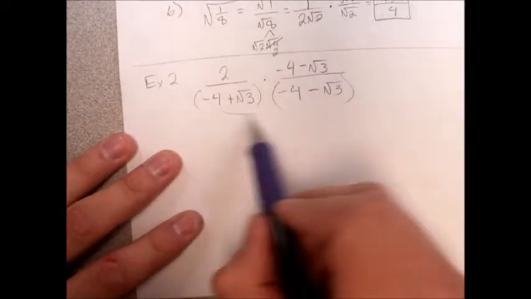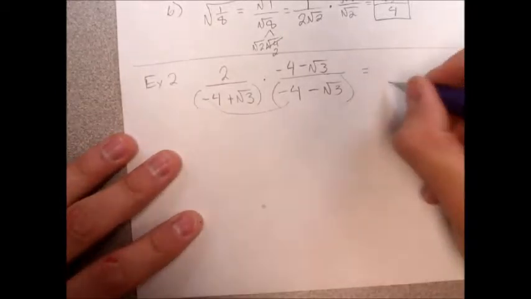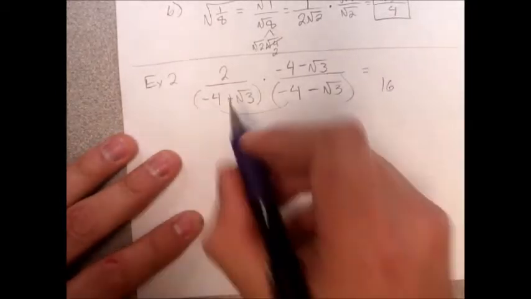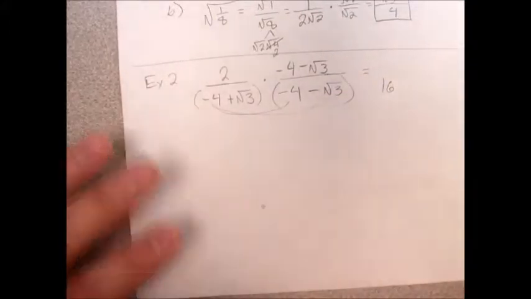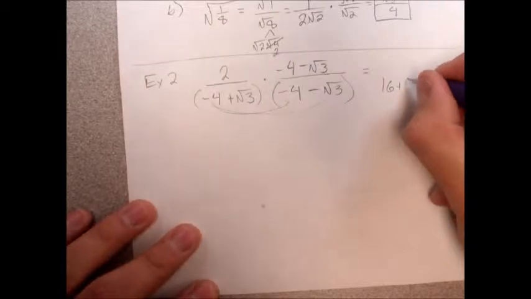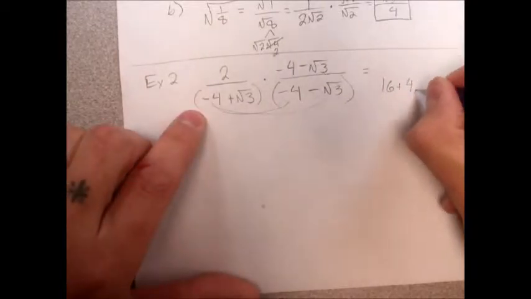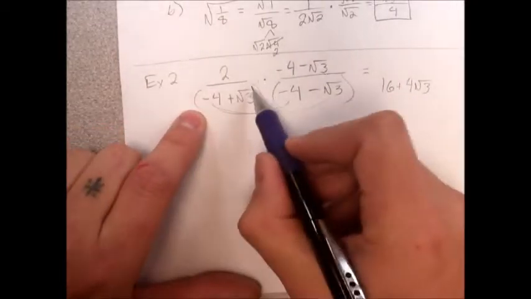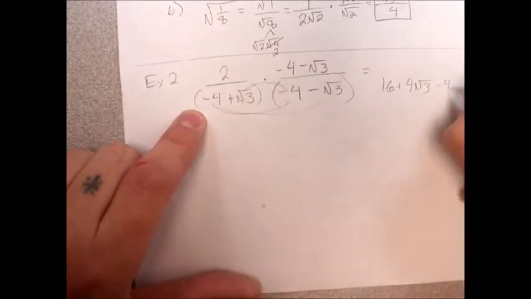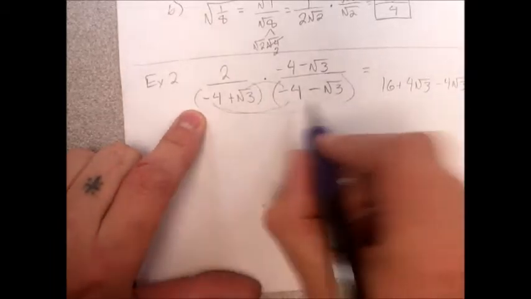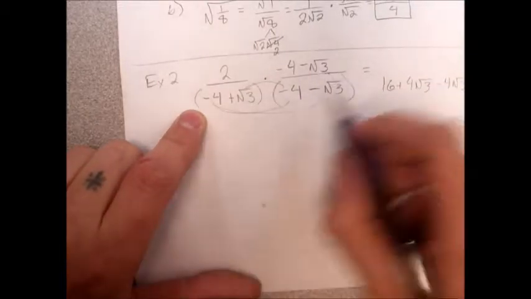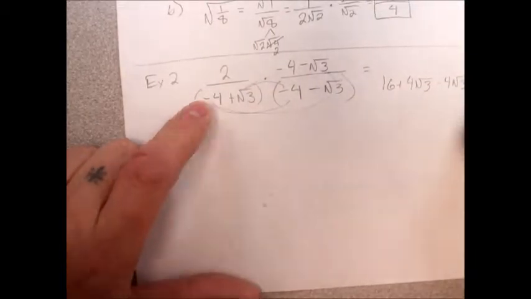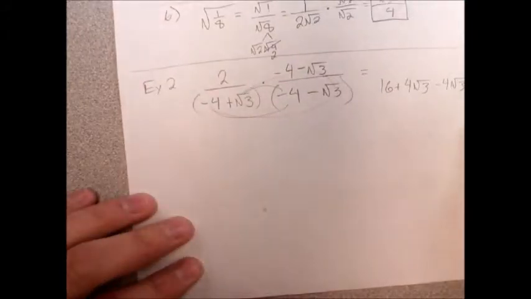It's negative 4 times negative 4, which gives me a positive 16. Negative 4 times a negative square root of 3 gives me a positive number, which is 4 square root 3. Okay, and then I'm looking on the inside here, I get a negative 4 square root 3. And this is why we had to have that negative, because we wanted these two signs to be different. And then we do the back side, which gives us a negative square root of 3 times square root of 3 is 3.